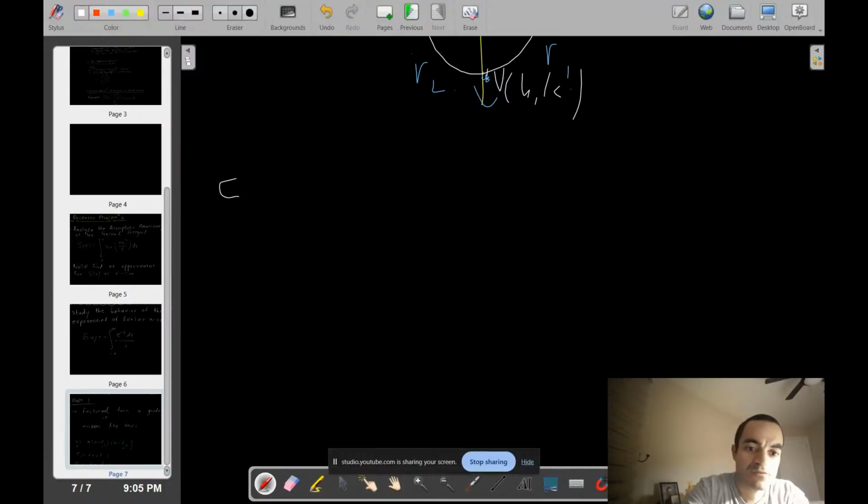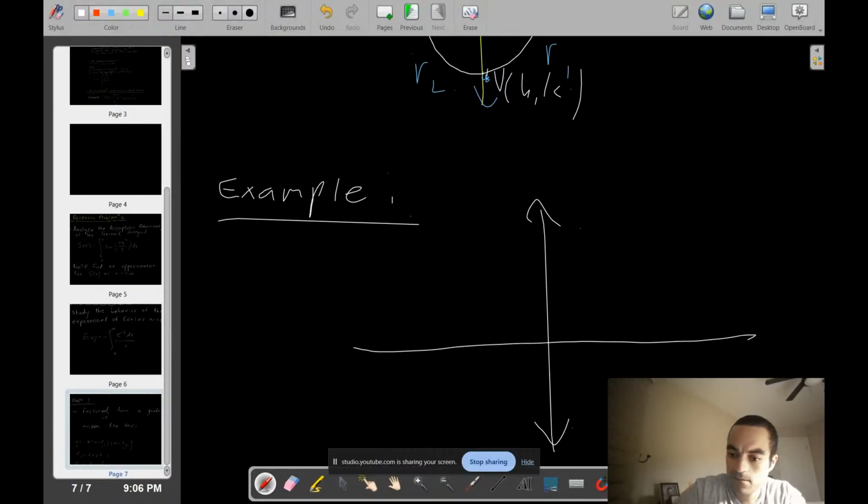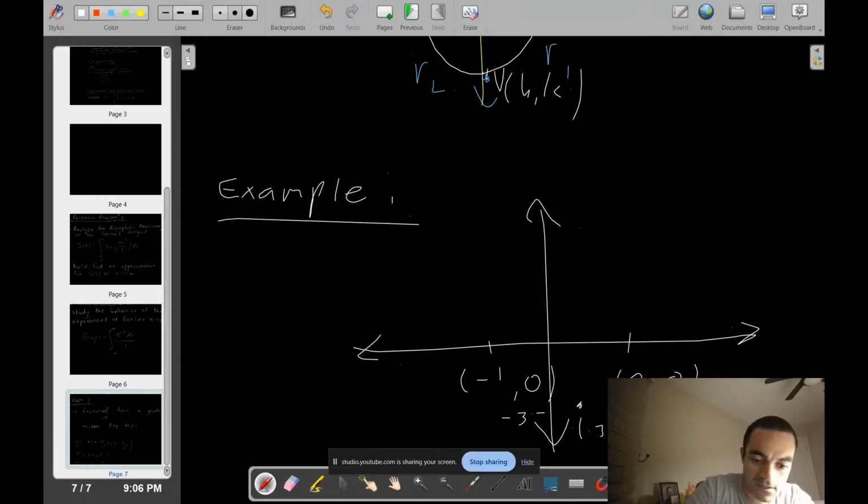So let's say you have an example like this. Let's say the graph is like this. Let's say you have an intercept over here at -1, 0. This one over here is at, let's say, 2, 0. Down here, let's say 1 comma -3, for instance.